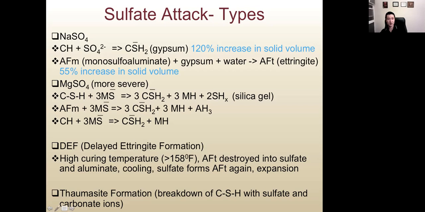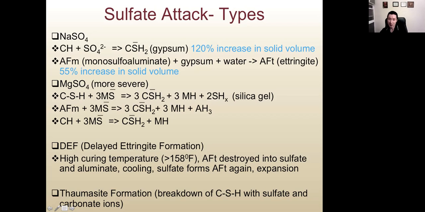If the sulfate ions are in the form of magnesium sulfate, it will be more severe, because magnesium sulfate will not only attack AFm and calcium hydroxide, like in the case of sodium sulfate, it will also attack CSH.